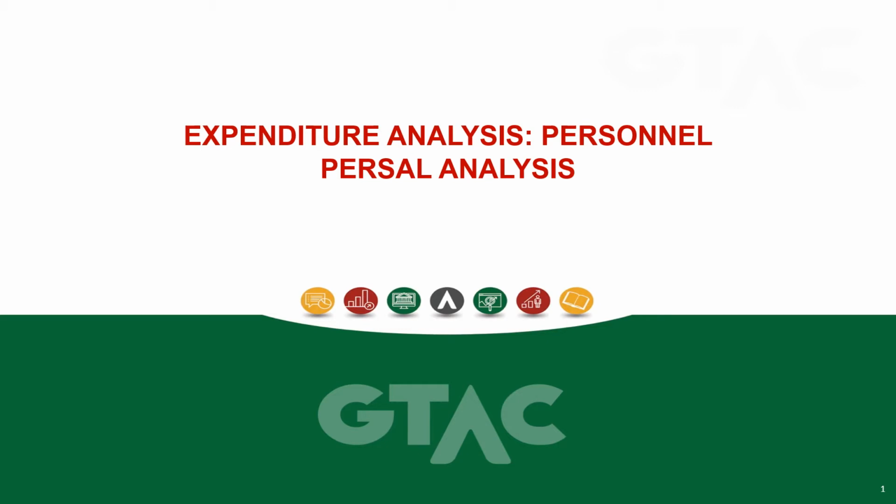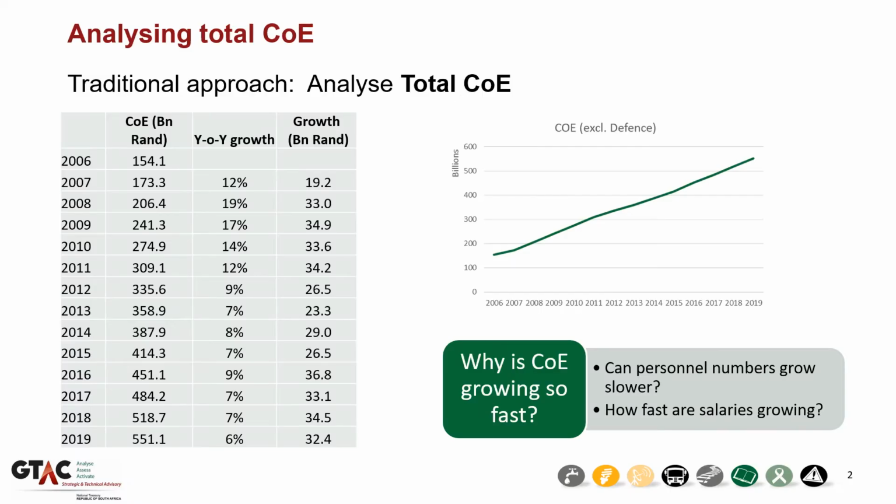COE is a significant share of total expenditure in any department and therefore an area of potential savings and efficiency gains. Traditionally, we would analyze total COE, and we know that it is growing fast, typically at a rate higher than consumer price inflation.